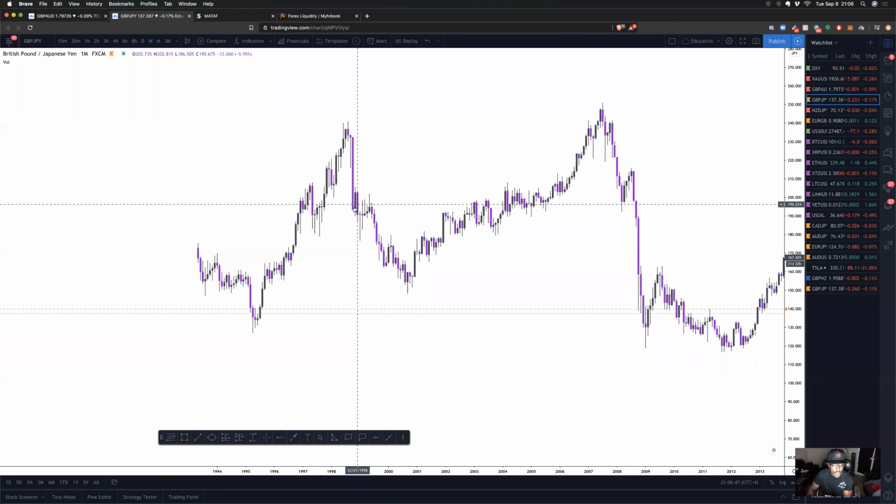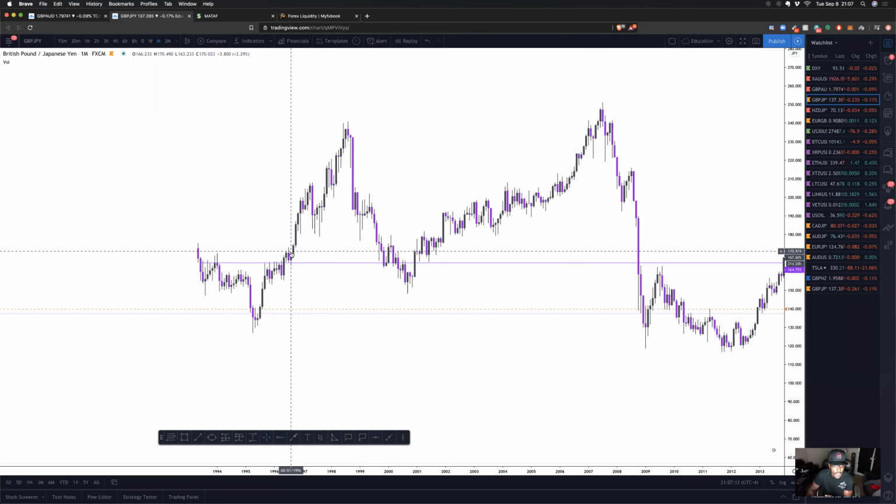So you can see that this was initially an uptrend. The market had created a high here, a lower high here, a lower low, but then it broke above those previous lower highs at this point here.